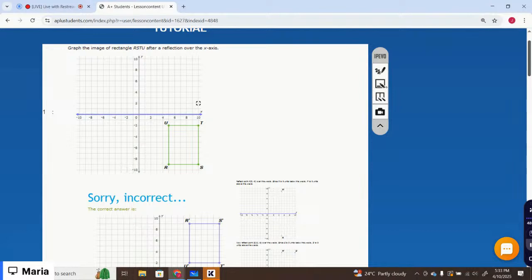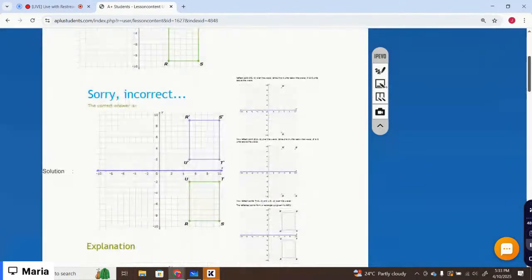So here is the x-axis, and the reflected image along the x-axis.